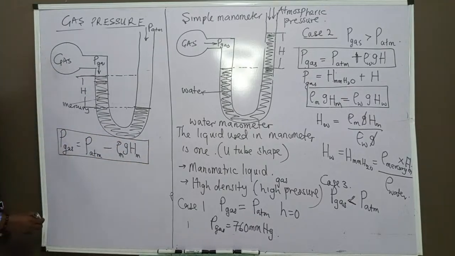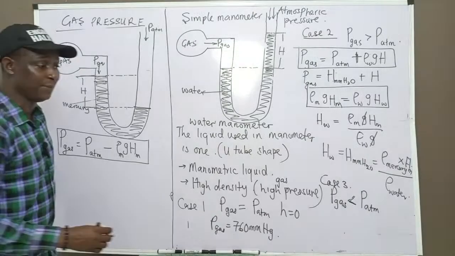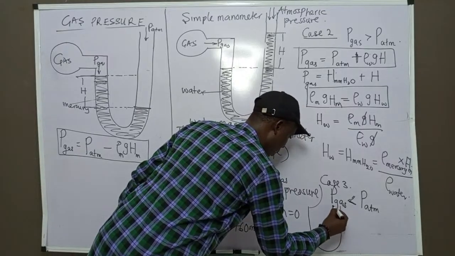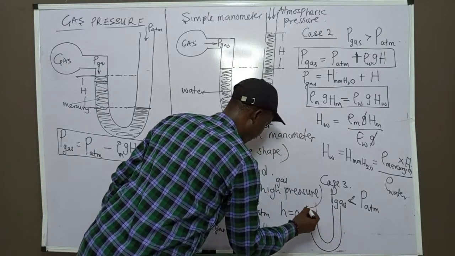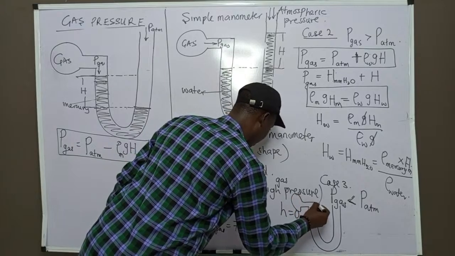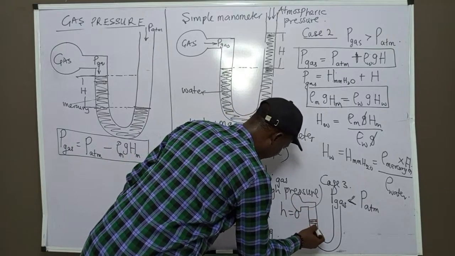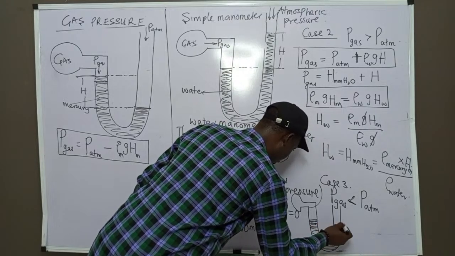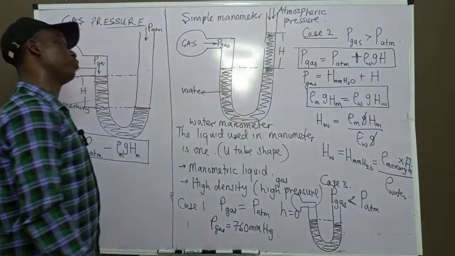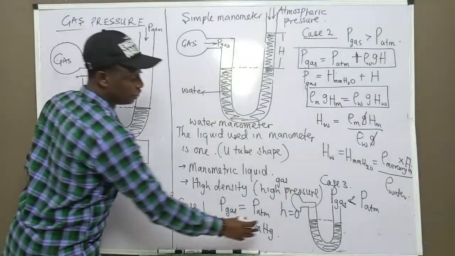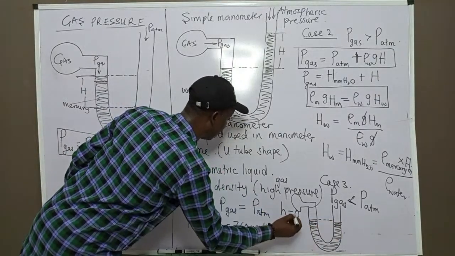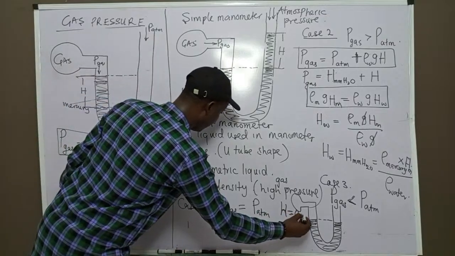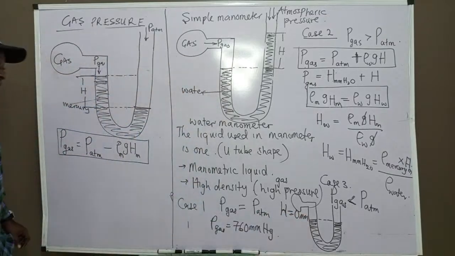Now I've talked about a case where the two sides are the same, where the gas pressure exerts equal pressure as the atmospheric pressure. For those of you just joining us, if the gas pressure is the same as the atmospheric pressure, there is no increase in the height, and h is equal to 0 millimeter, depending on the unit used.